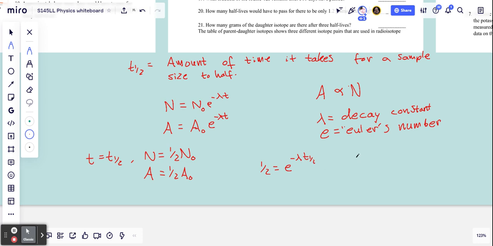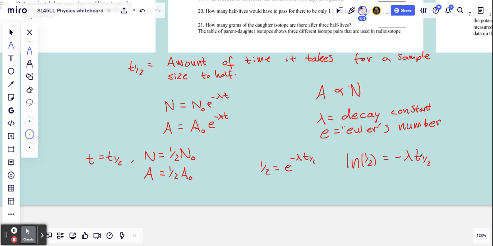I'll just do the log. The natural log on your calculator is ln. I won't go into teaching logs at the moment. So the natural log of a half is equal to negative lambda t half.